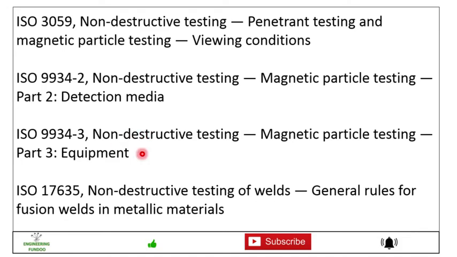Then 9934-3, non-destructive testing, magnetic particle testing, equipment. And then ISO 17635, non-destructive testing of welds and rules for fusion welding in metallic materials. Friends, these are the standards used for magnetic particle testing. This also we will see in future.